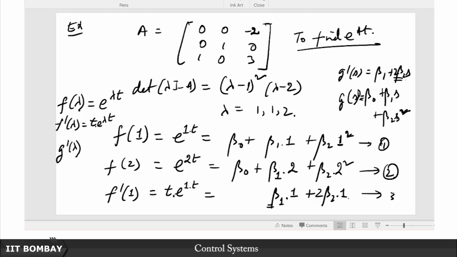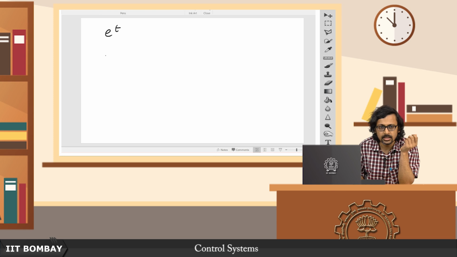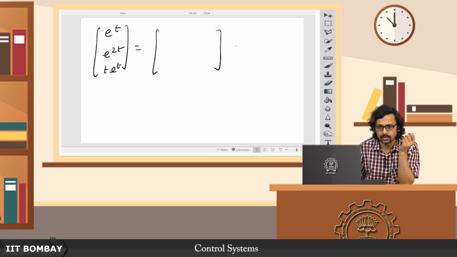So this is my third equation, and now I have 3 equations and 3 unknowns. Let me try and solve them. We have e to the t, e to the 2t and t e to the t. Let us say the unknowns are beta 0, beta 1, beta 2.